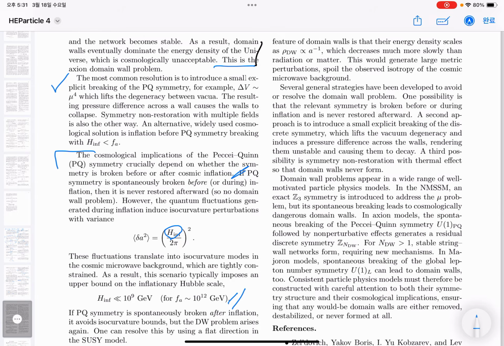There are several methods to avoid such a domain wall problem, such as making an explicit breaking to reduce the vacuum degeneracy, so the domain wall becomes unstable. Such domain wall problems appear in various new physics models, like the supersymmetric NMSSM with a discrete symmetry, and in the axion model, where the Peccei-Quinn symmetry with non-perturbative effects leaves the axion with a discrete symmetry with a domain wall number.